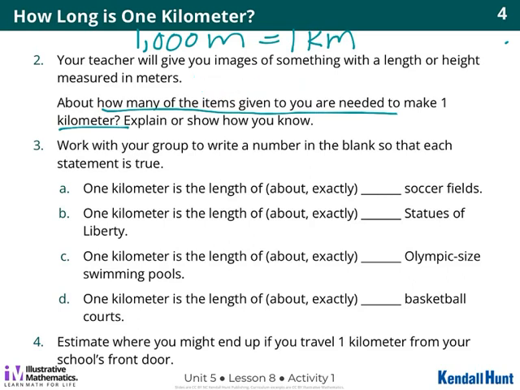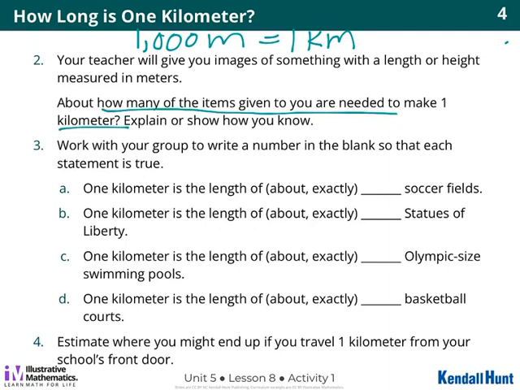What about Olympic-sized pools? Olympic-sized pools are 50 meters. How many Olympic-sized pools would make up a kilometer? Chase? 20.